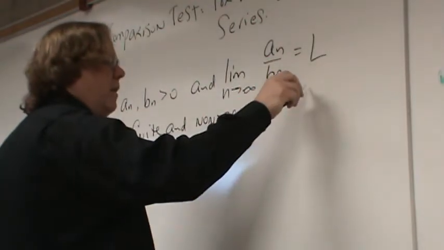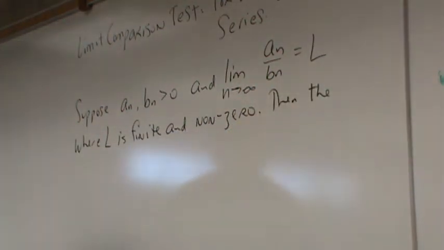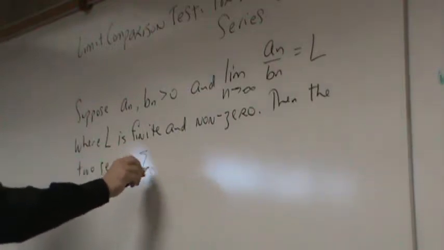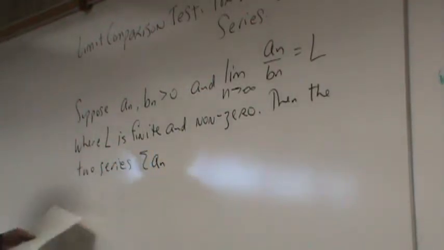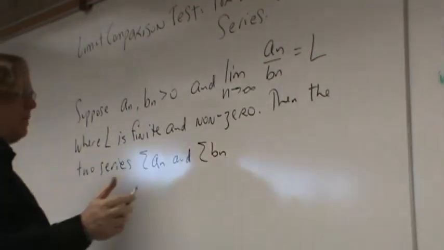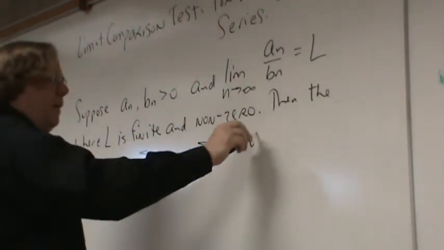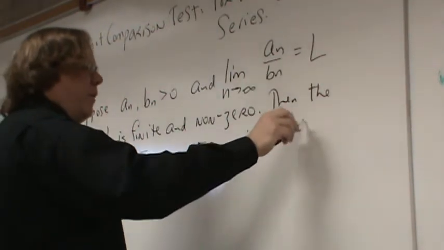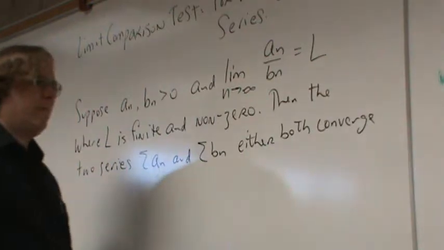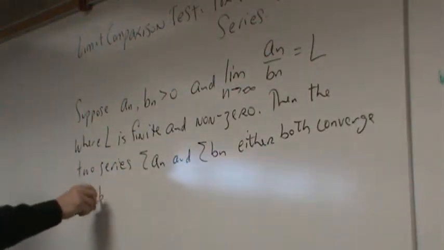Then the two series, the sum of A sub n and the sum of all my B sub n terms, either both converge or both diverge.